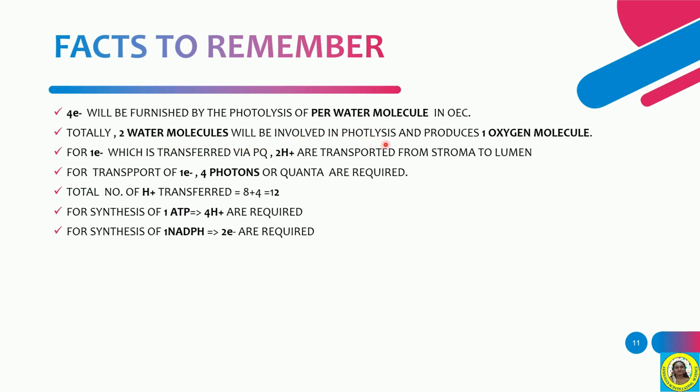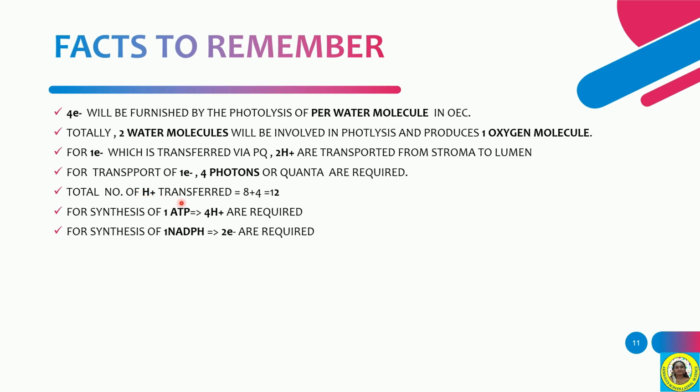Another fact is that for one electron transferred via PQ, that is plastoquinone, 2H+ are transported from stroma to lumen. For transport of one electron, 4 photons or light particles, which can also be called quanta, are required. The total number of H+ transferred and accumulated in the lumen is 12.